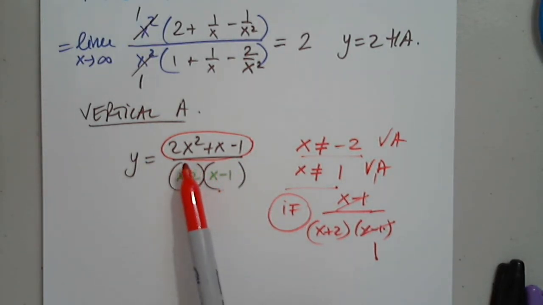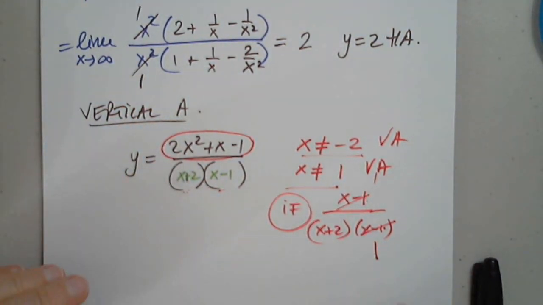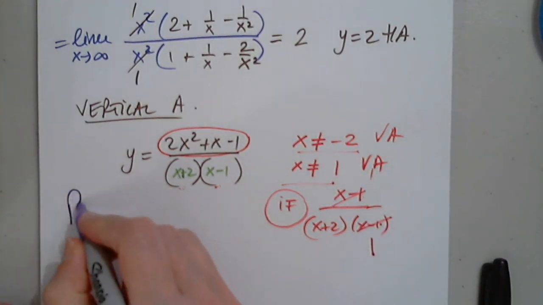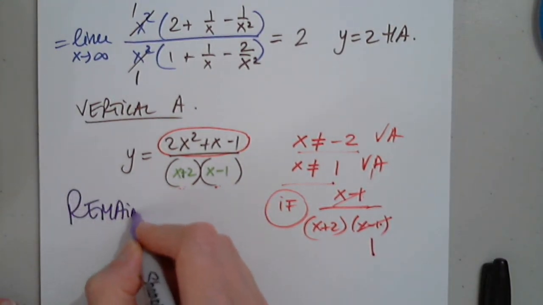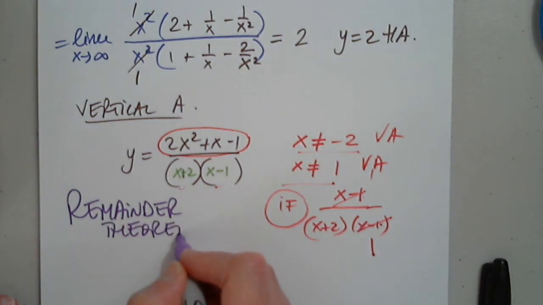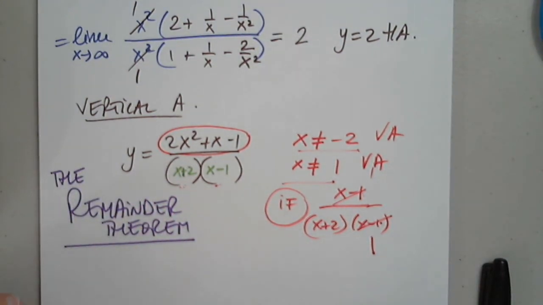So I want to talk about for a moment, and then I'll come back, something called the remainder theorem. The remainder theorem. You may remember it from pre-calculus or you may not.